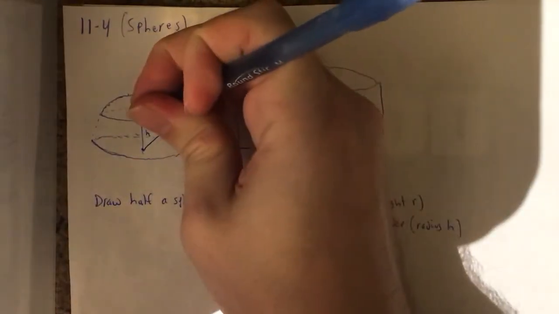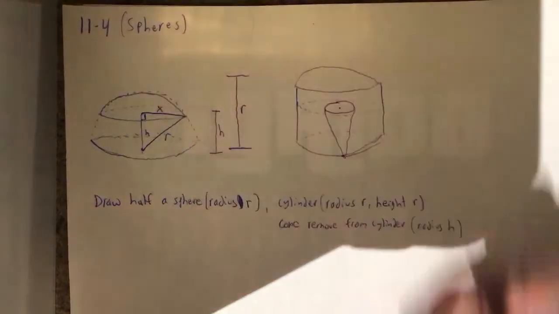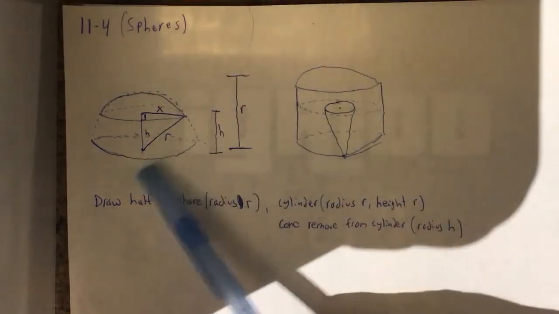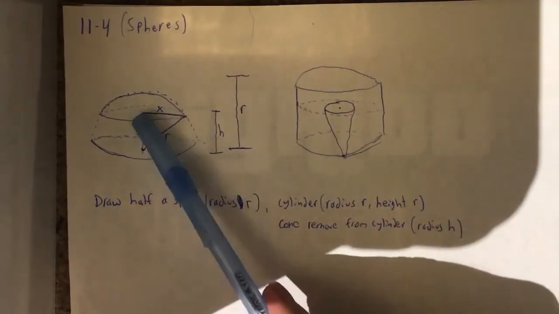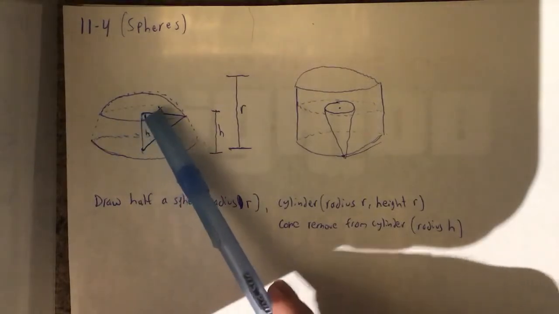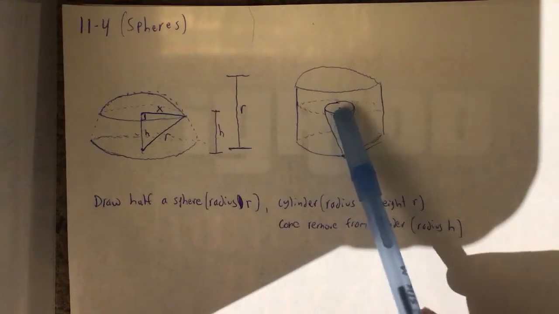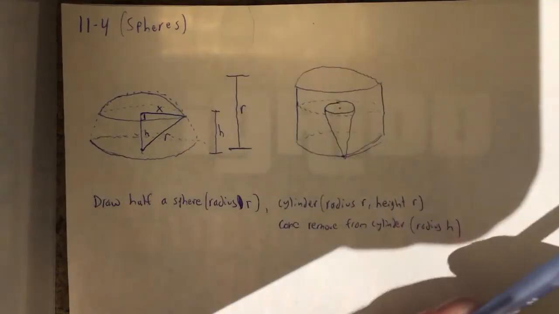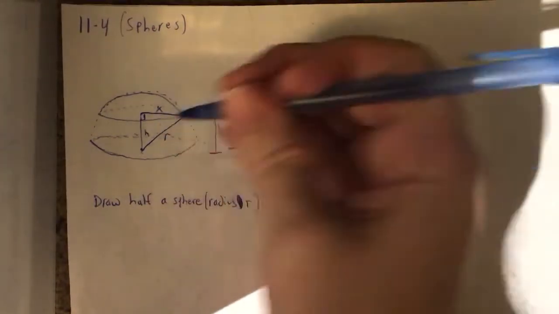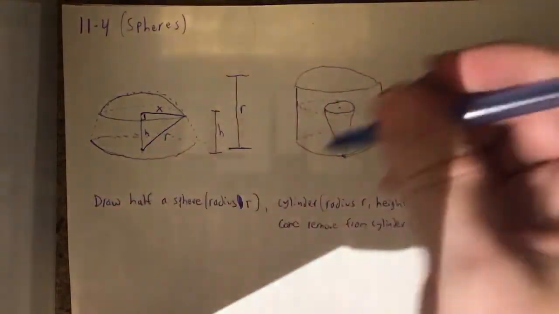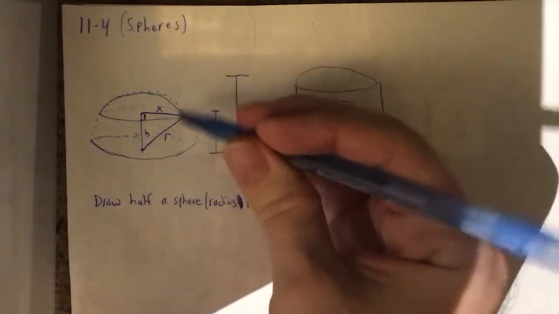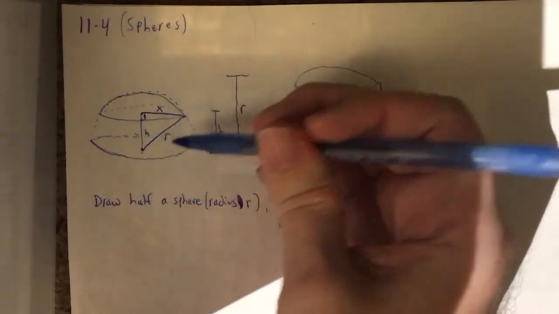So notice this is a right triangle. I'll just call this x for now. x is what I want to figure out, the radius of this cross-sectional circle right here. If x is the radius of my cross-section, I can write it in terms of r and h.